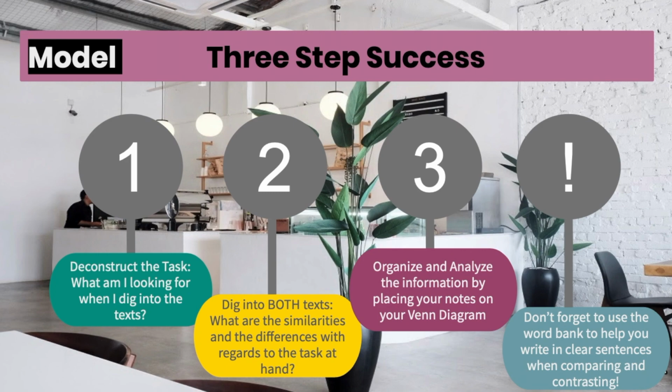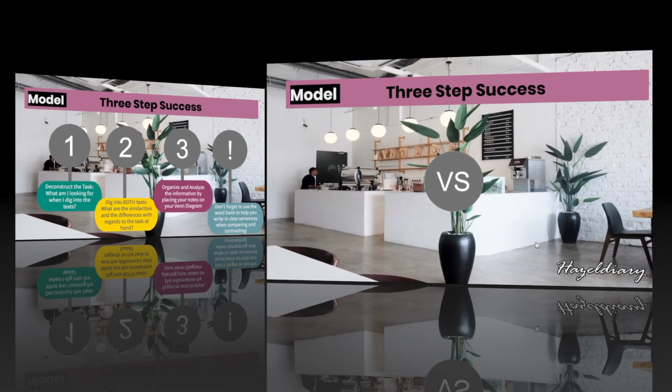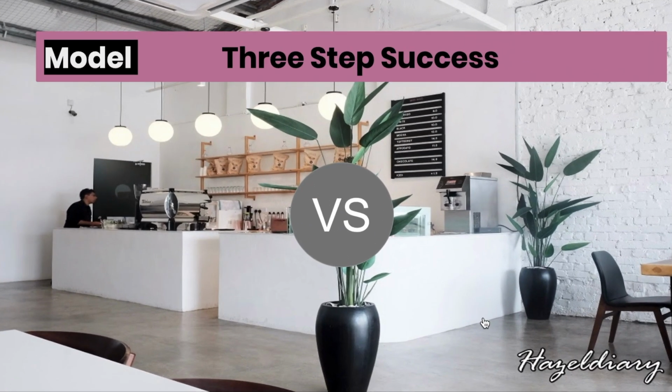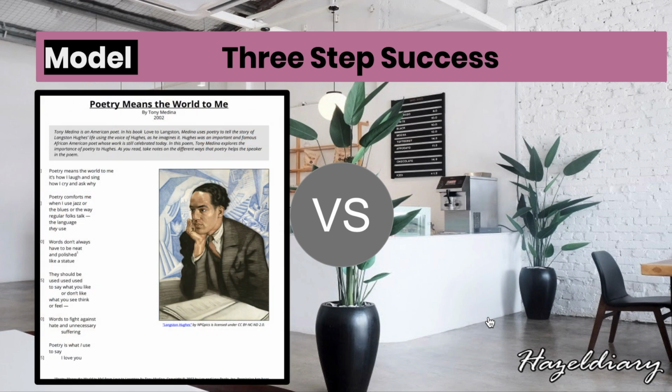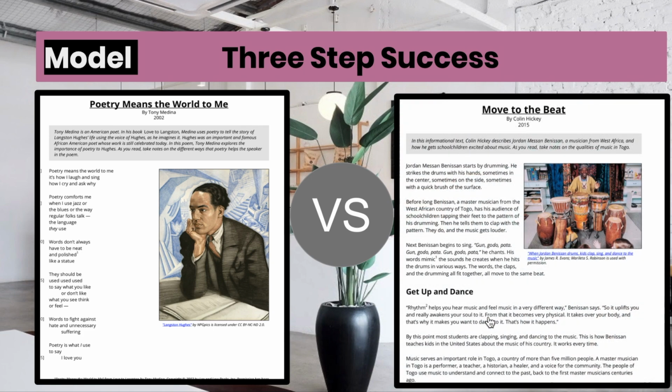We're going to use the 3 steps process with 2 articles. The first article is Poetry Means the World to Me, which I already went over in the poetry review that was on Monday. The second article we're going to compare this one to is Move to the Beat by Colin Hickey.